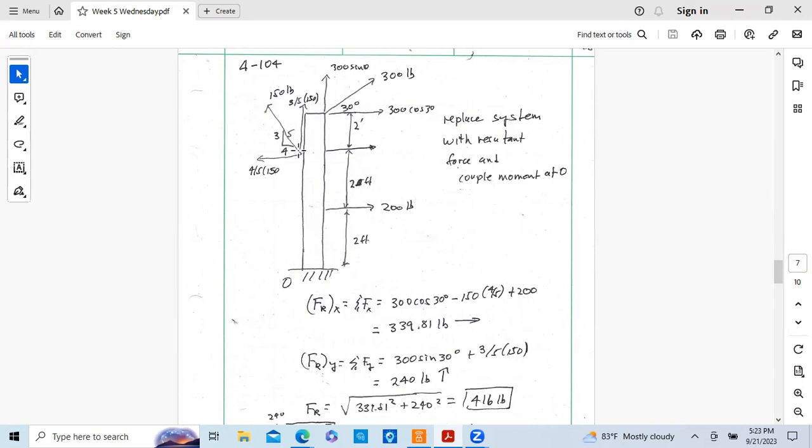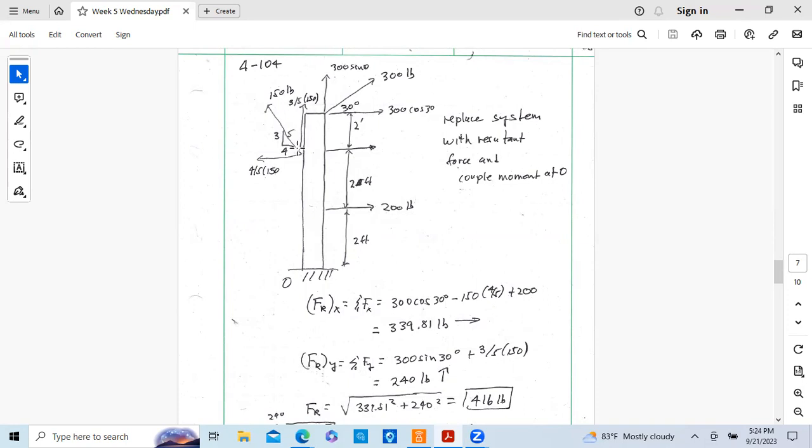This force, there's a negative X component. In using slopes, it's 4/5 of 150 pounds. The vertical component then is going to be 3/5 of 150, directed upwards, positive. And then we have this 200-pound force acting in the positive X direction.